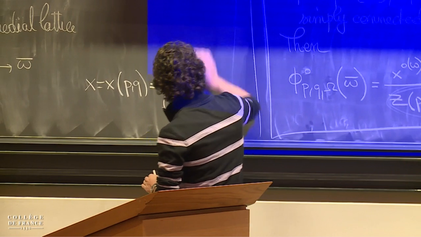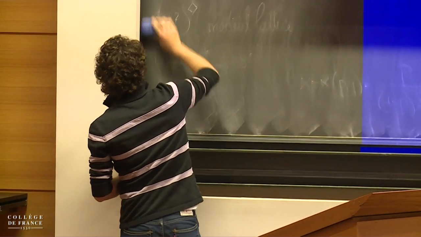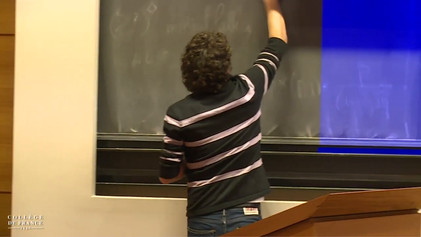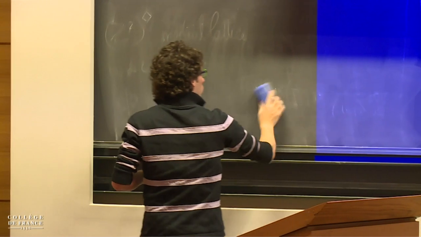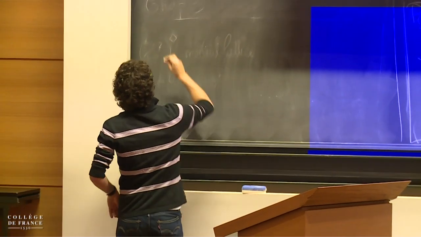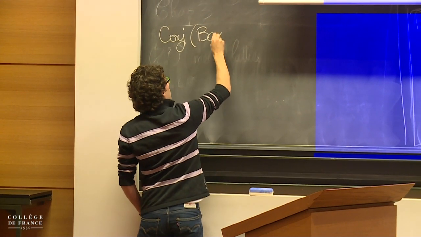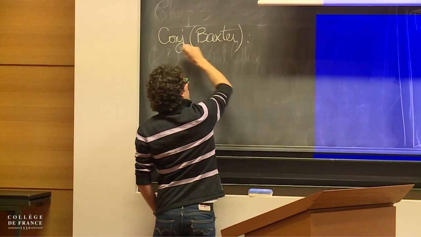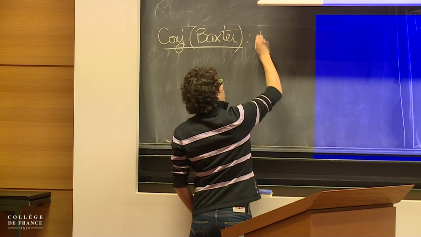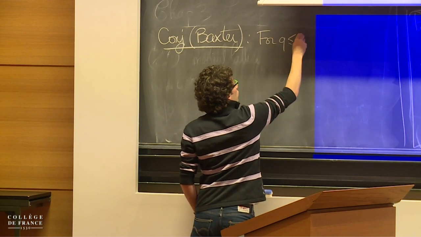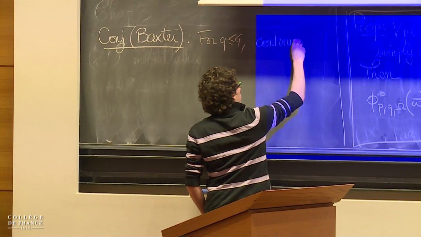But if you assume a few nice things, and if you do a leap of faith, then you can at least try to guess how the phase transition goes. And the following is a conjecture by Baxter using this type of ideas. For Q smaller or equal to 4, the phase transition is continuous.